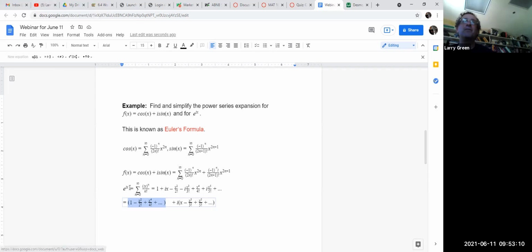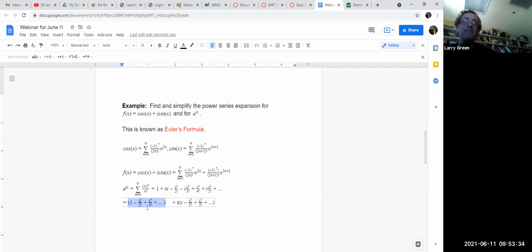Here's a hint. There's a reason why I asked you to do these two sets, cosine x plus i sine of x and e to the ix. What's in these first parentheses? Okay, they're all even, but they're better than even. This is an x to the 2n.